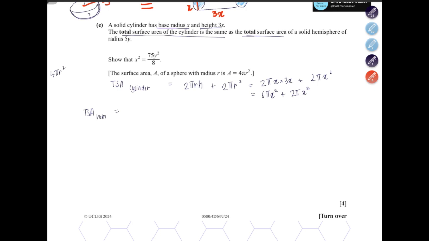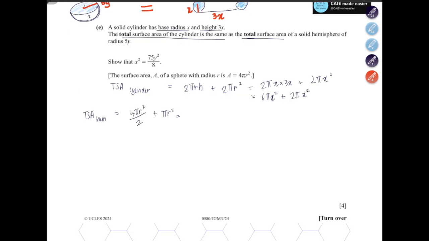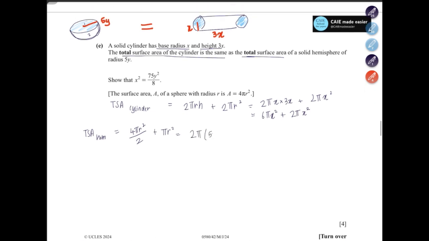But since this is a hemisphere, we'll divide this by 2, plus we need to add this flat area as well, which is pi r squared. This will be 2 times pi. Now the radius is 5y, so 5y squared. Don't forget to add your brackets for both 5 and y. Pi times (5y) squared.